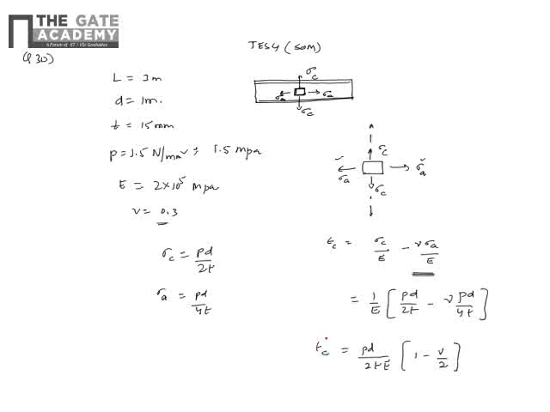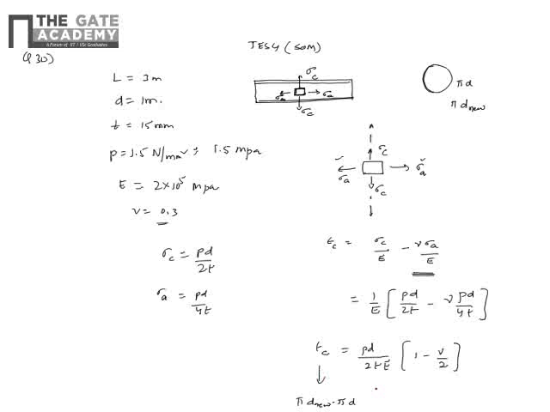Now circumferential strain is nothing but the change in length in the circumferential direction. This length is basically pi d, and the new length will be pi times the new diameter. So the change in length will be pi d new minus the initial length pi d, divided by pi d.